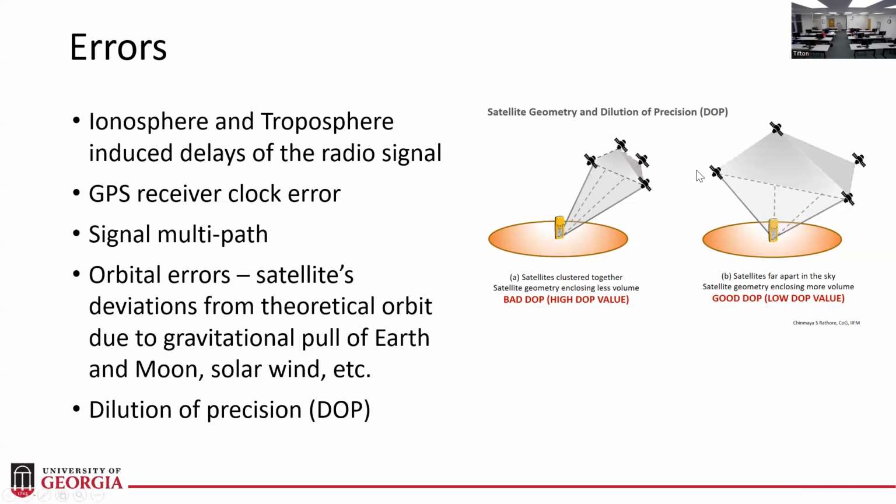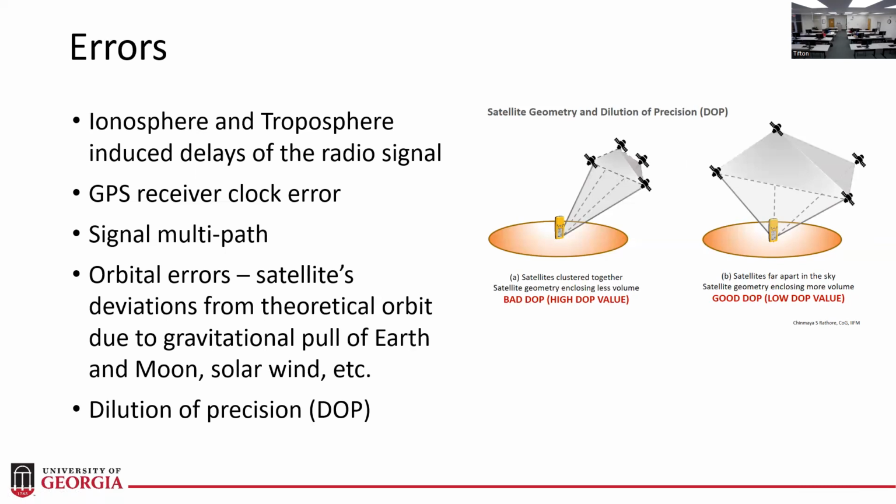If you're in an open field and your GPS receiver can see satellites from all around you, then it's going to give you a low dilution of precision, which is a good geometry. So this is going to be more accurate because you have a better distributed geometry of the satellites.